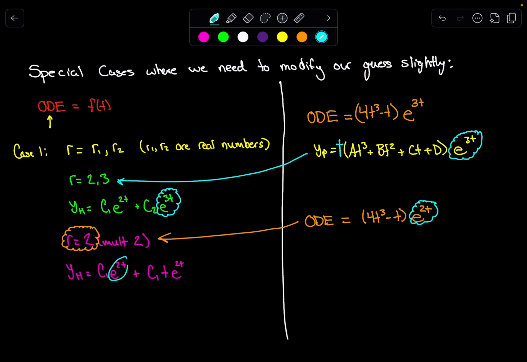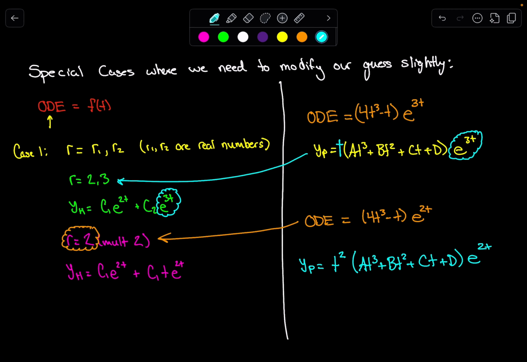It already shows up in our homogeneous solution twice, and so not only do I need 1 t when I make my guess, but my particular solution guess is going to have an extra t squared in the front of it to accompany the cubic that we would naturally guess, at cubed plus bt squared plus ct plus d times e to the 2t, okay?